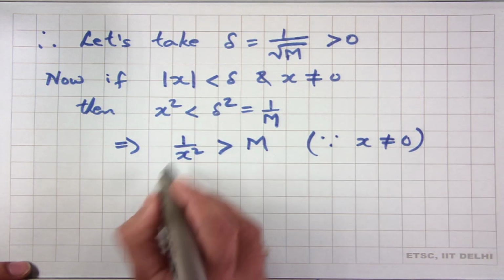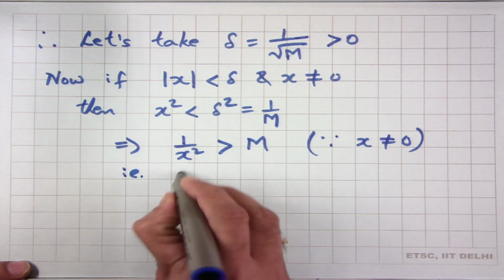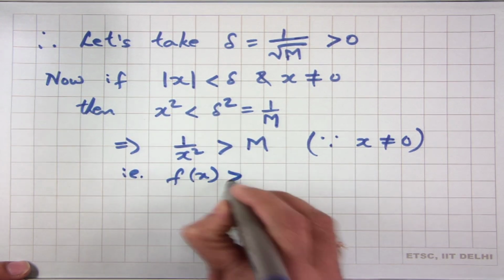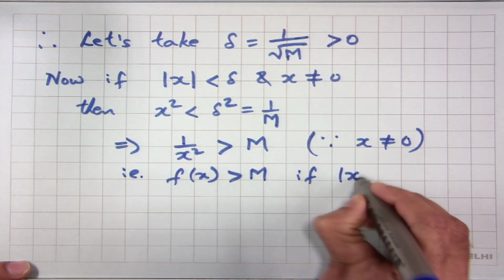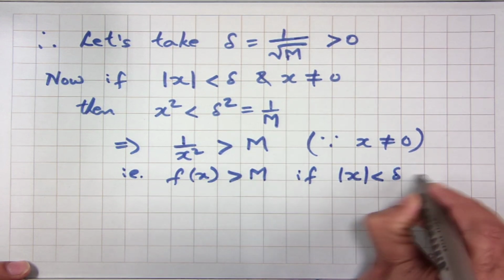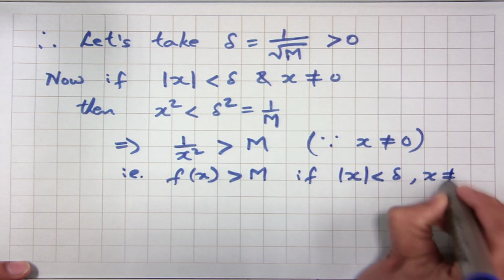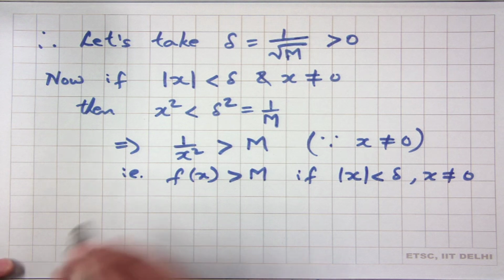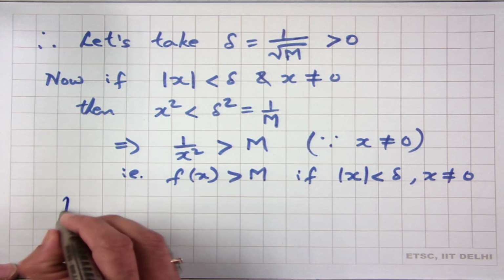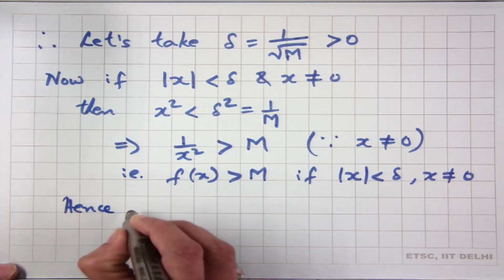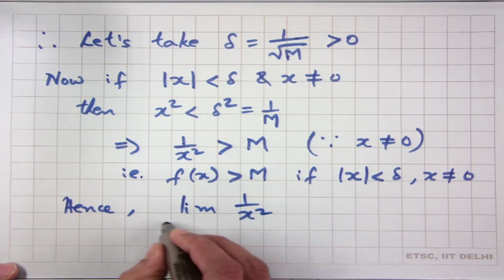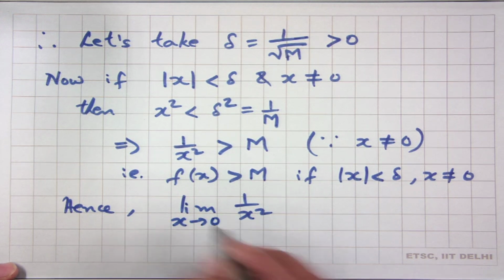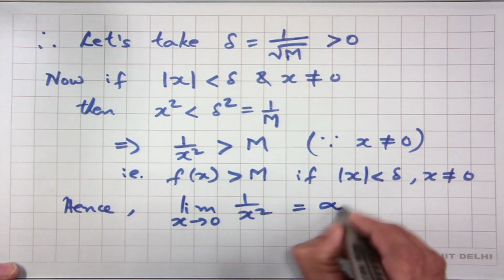This is our f of x, that is, f of x is greater than m if mod x is less than delta and x is not equal to 0. So, this proves that limit of 1 by x square as x approaches 0 is equal to infinity.